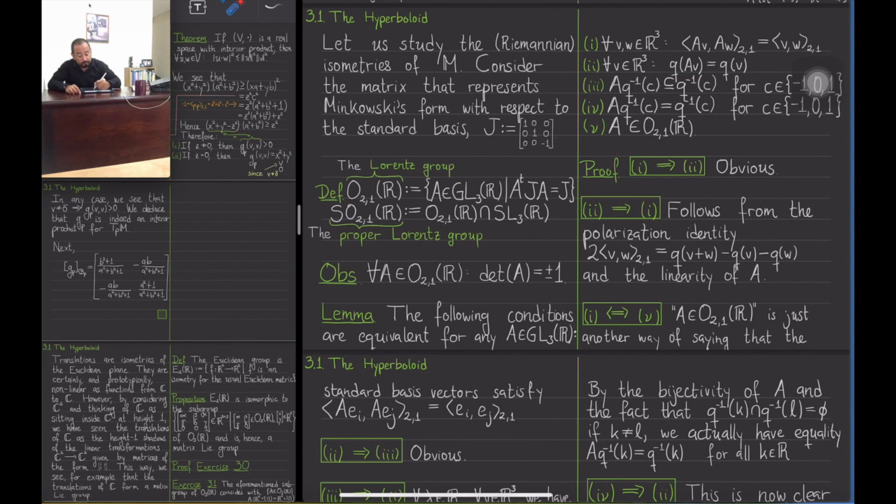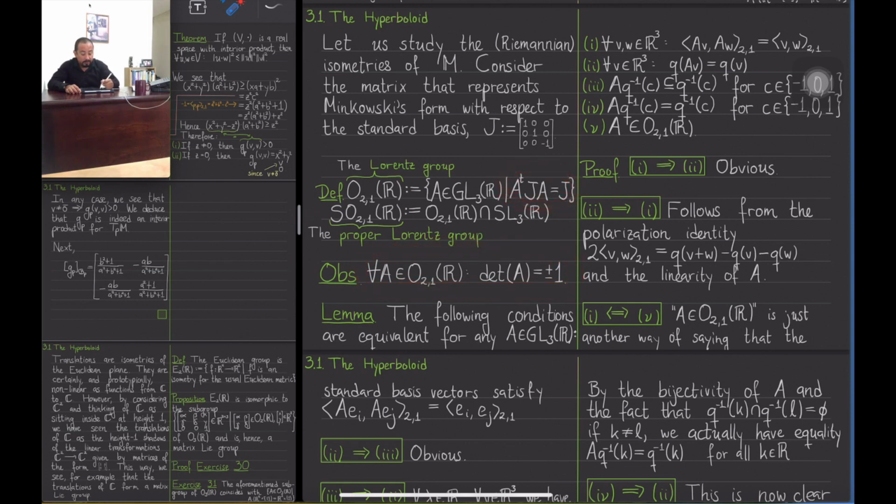And of course, at some point we are going to also speak about the proper Lorentz group, SO21, which is the elements of O21 that have determinant 1. Now, notice this. Every element of the Lorentz group has determinant 1 or minus 1, and this just comes from this identity, right?